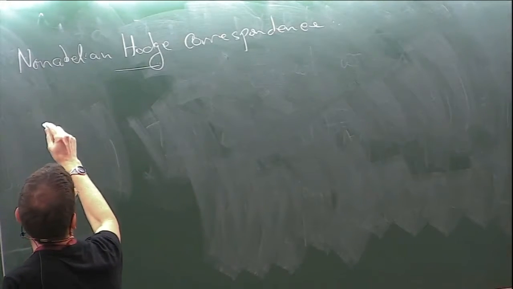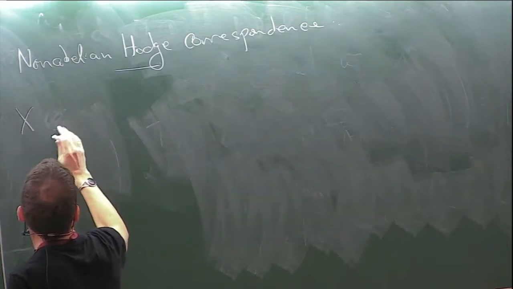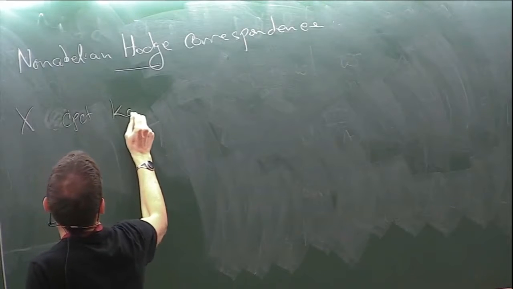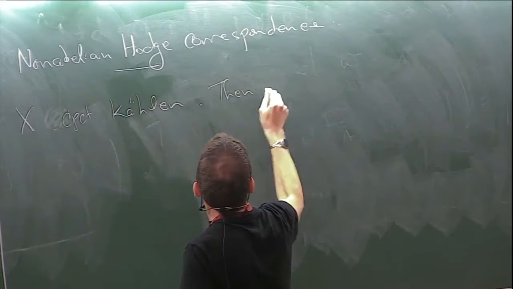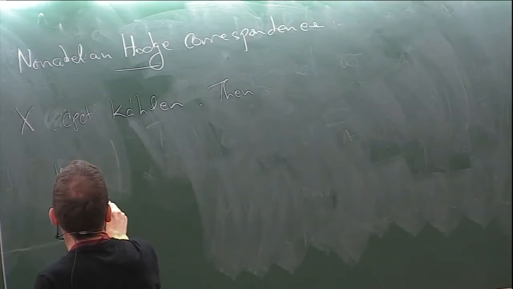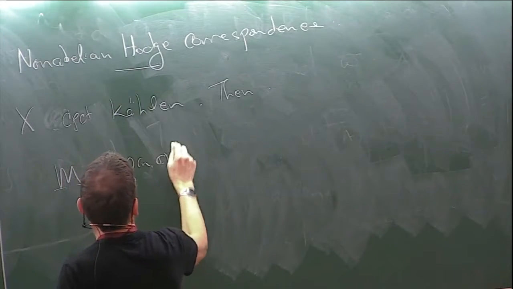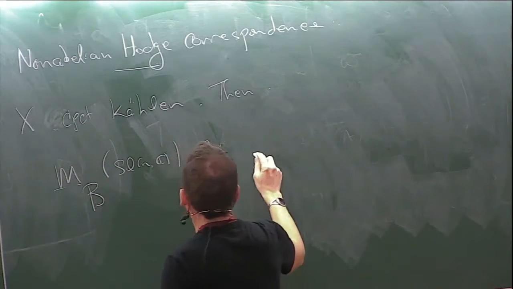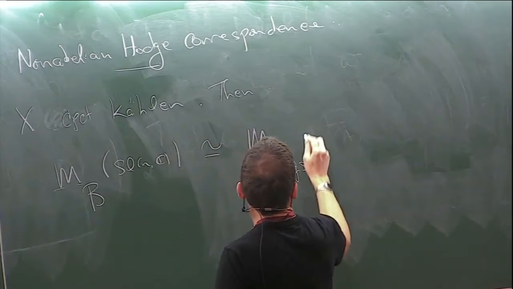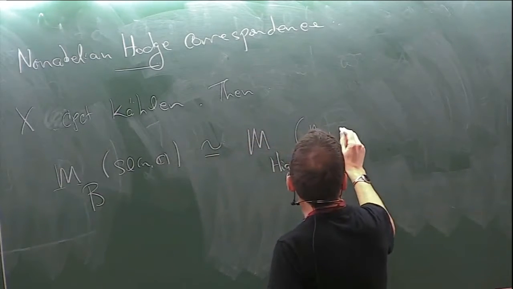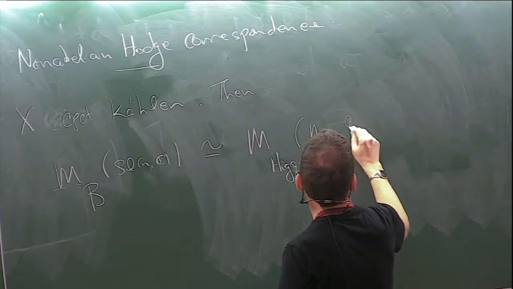And so let me phrase it in the following way. Again, let's say X is a compact Kaehler manifold. Then M Betti, so this is for SL(n,C), say, is homeomorphic to the moduli space of Higgs bundles of rank n and vanishing Chern numbers.